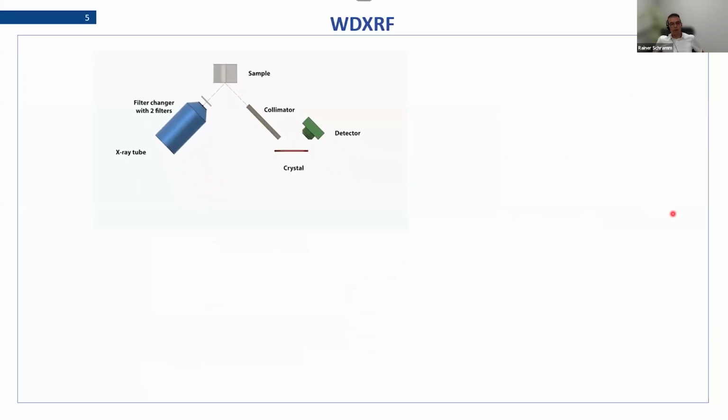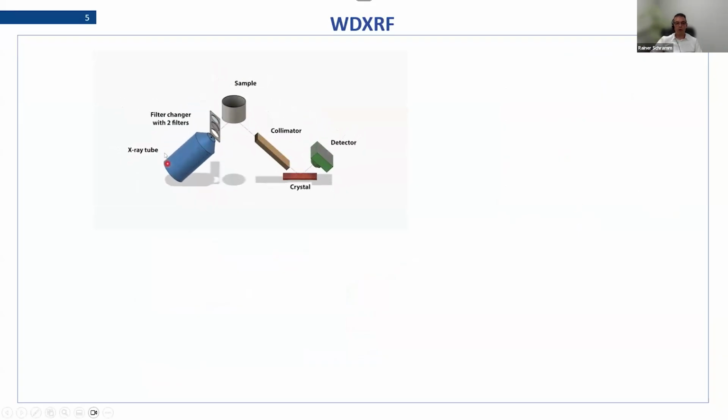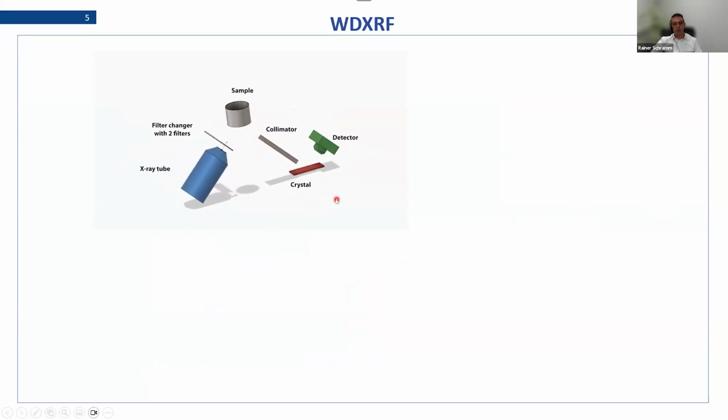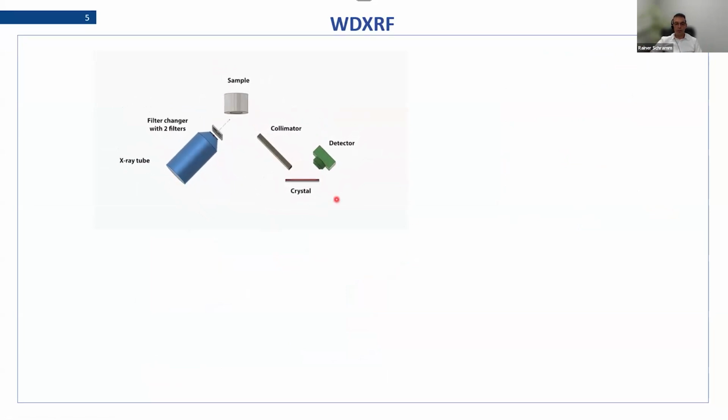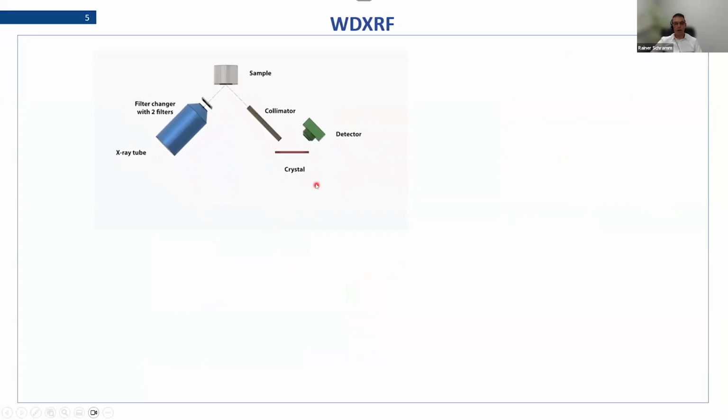If we look the same on the wavelength dispersive XRF, on the excitation side, it looks quite the same. We have our tube, which excites the sample from underneath. We have kind of filters in between. And then on the other side, the detection now is a so-called goniometer. That means the goniometer is selecting one wavelength to guide to the detector.